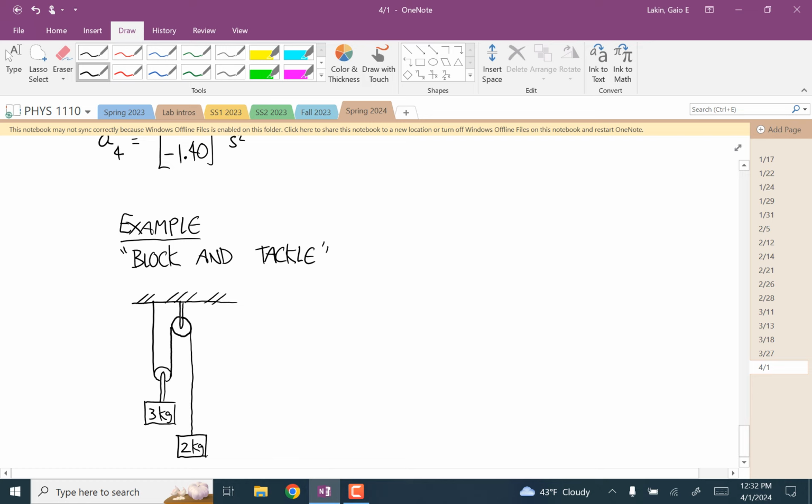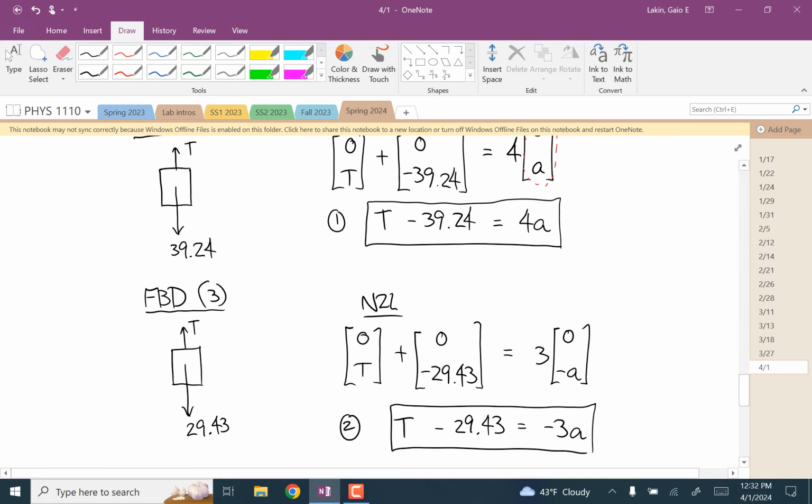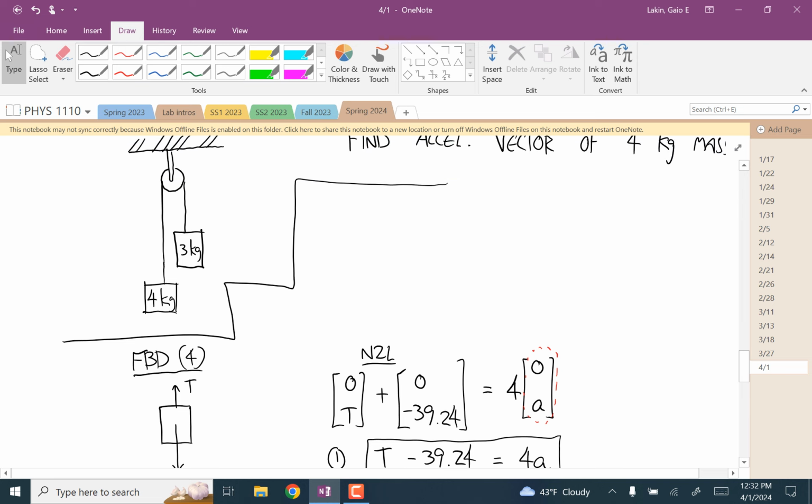Okay. So the cool thing about this is if you just strung a 2 and a 3 kilogram mass like this over a single pulley, the 3 is going to accelerate down and the 2 is going to accelerate up, right?